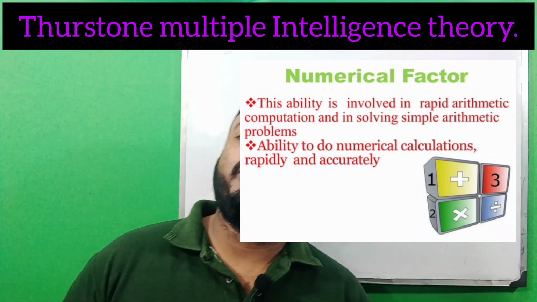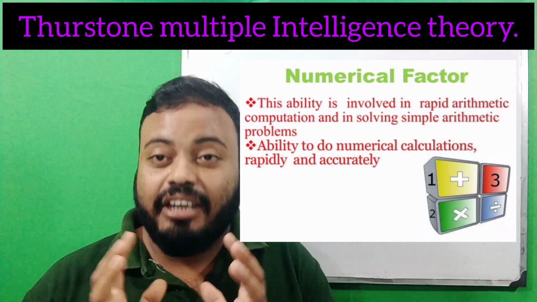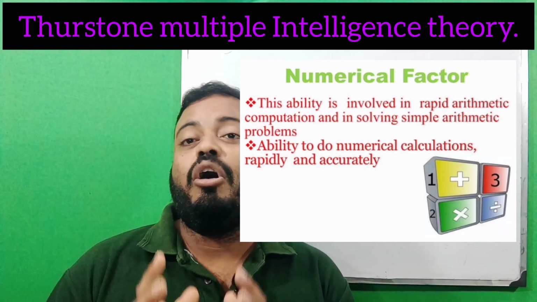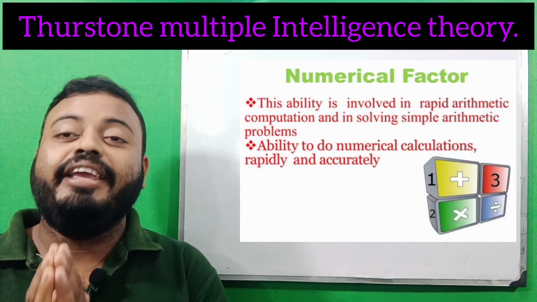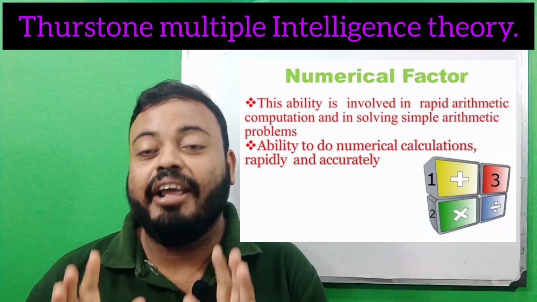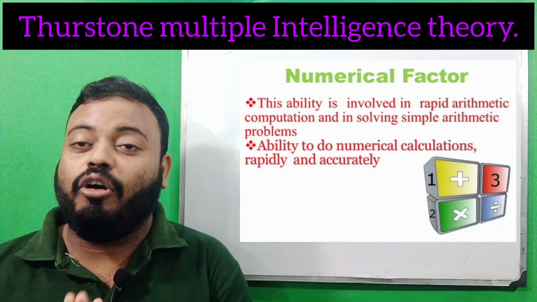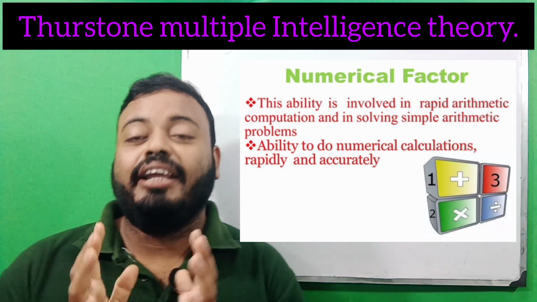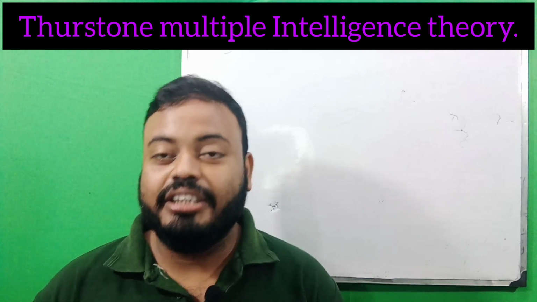A person, child or student with this ability can recognize and memorize every kind of number very well. Thurstone categorized this numerical ability as very efficient for multiple intelligence.